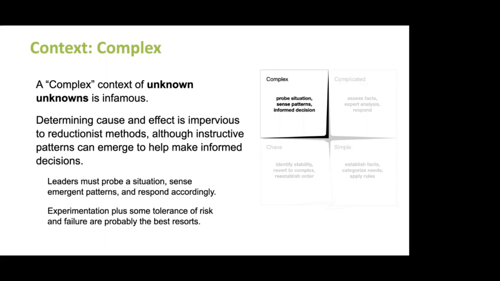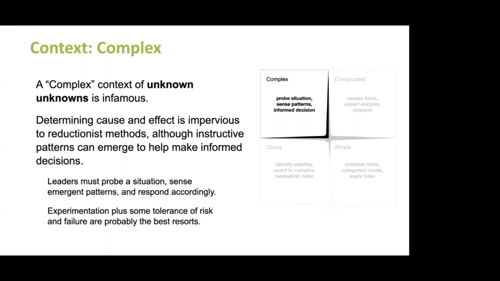There are ways that emergent patterns, though, can be perceived and leveraged to make informed decisions. And so in this case, a leader must be able to probe a situation, sense the emergent patterns, rely on the expert analysis of trying to discern those patterns, and respond accordingly. And typically this requires some experimentation, some tolerance of risk. Failure is something you just have to work into the cost of business.